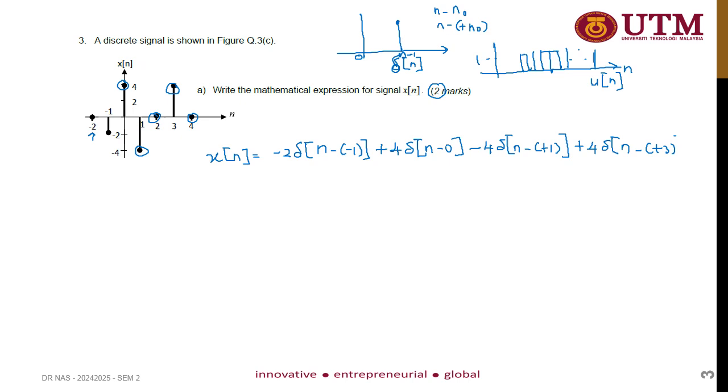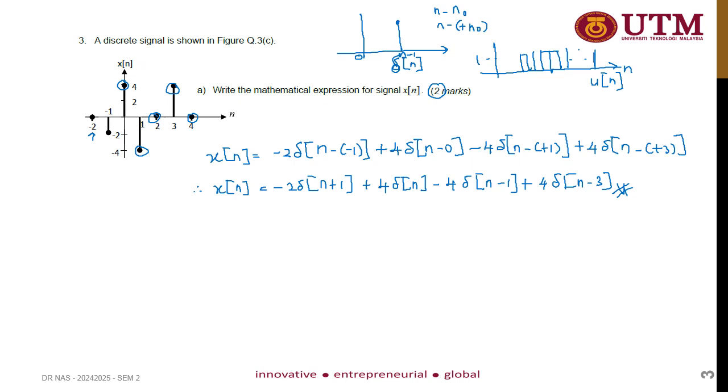So your x[n] is equal to minus 2 delta n plus 1, plus 4 delta n, minus 4 delta n minus 1, and then plus 4 delta n minus 3. This is your equation for signal x[n]. You can get 2 marks out of this equation.